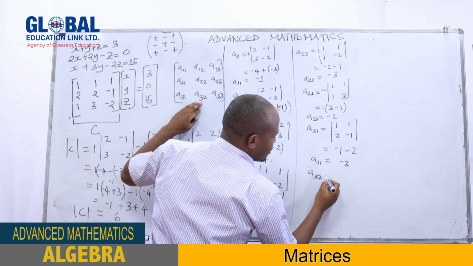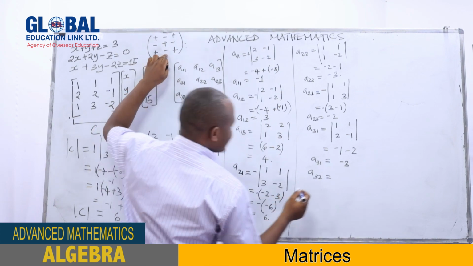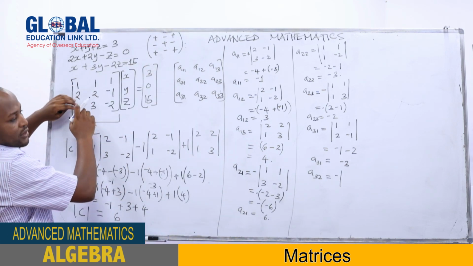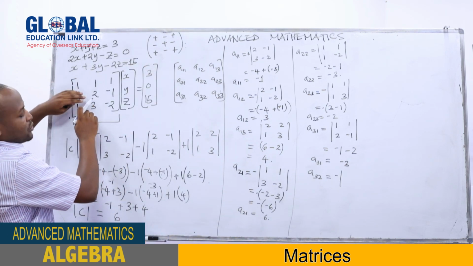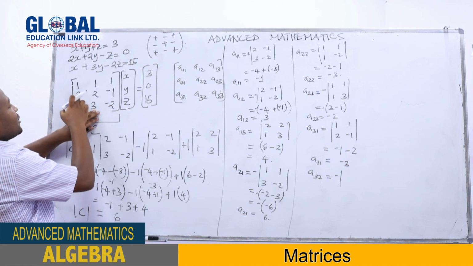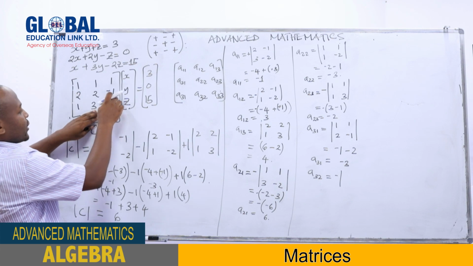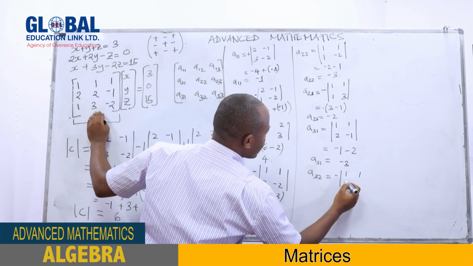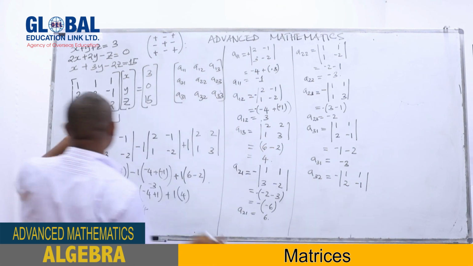And let's talk about A3, 2. That means the pattern says it is negative. Negative of what? Negative of the determinant of a 2 by 2 matrix. That means we are talking about that position, A3, 2. That means we are left with 1, 1, 2, negative 1.